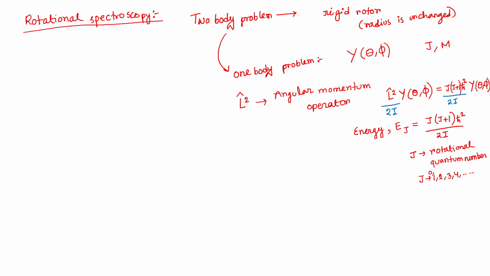So if your rotational quantum number is 0, then what is your energy going to be? Your energy is going to be 0. Then you may say if it is 0, then there is no rotational motion, or the particle is fixed, or energy is not there, then it is violating the Heisenberg uncertainty principle.